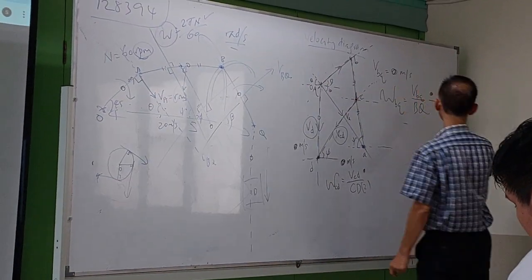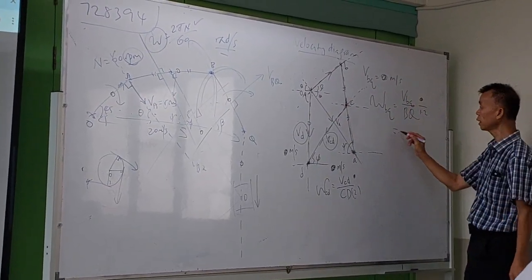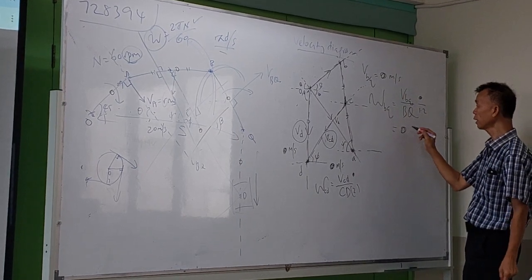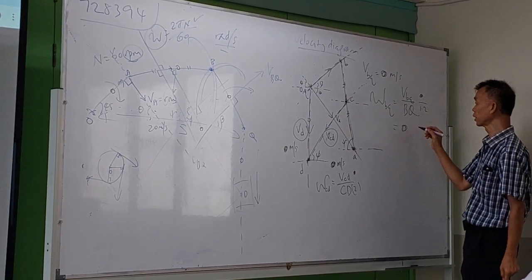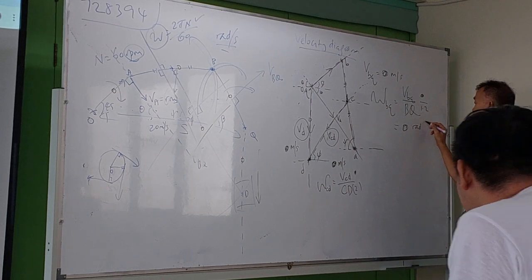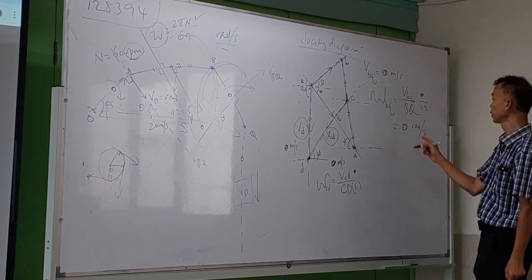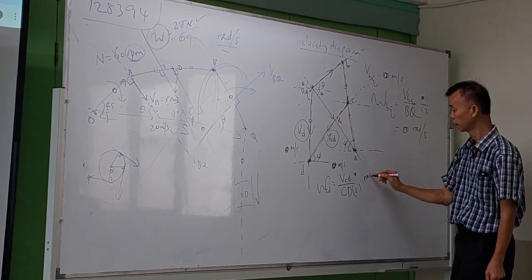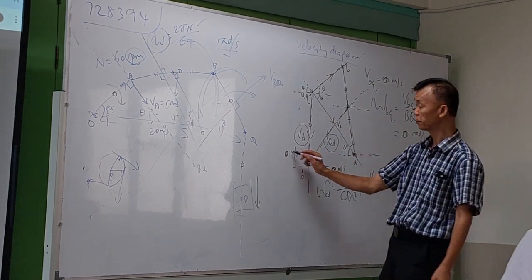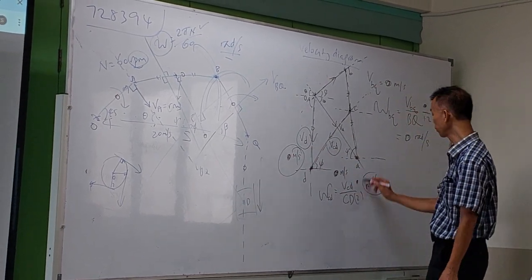So you can get the angular velocity, I mean radian per second. The first answer is meter per second. After that is radian per second.